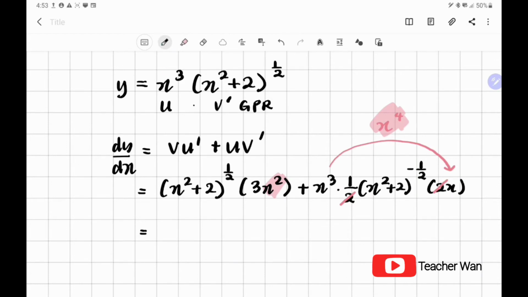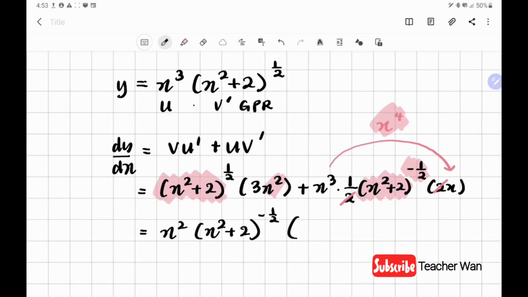So we can factorize x squared, and this is (x squared plus 2) to the power of 1 over 2, and (x squared plus 2) to the power of negative 1 over 2. So we're going to factorize (x squared plus 2) to the power of negative 1 over 2. Now let us think what is left for us is 3, and this is negative 1 over 2.